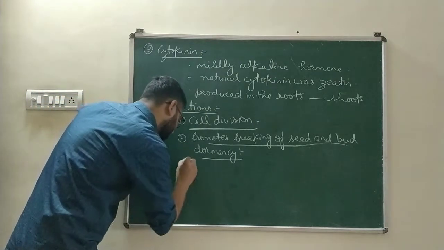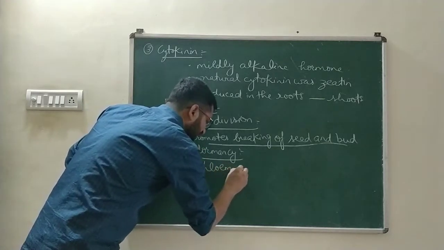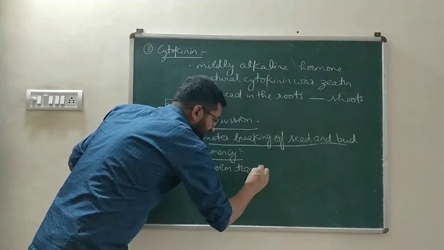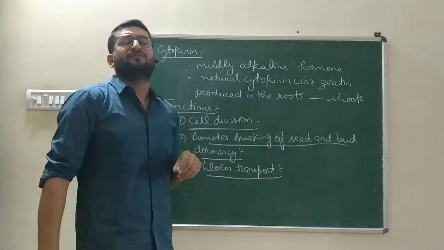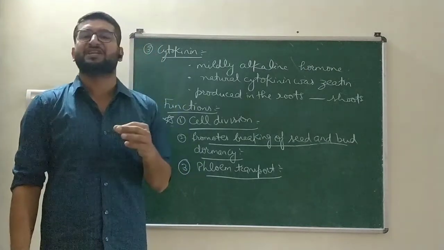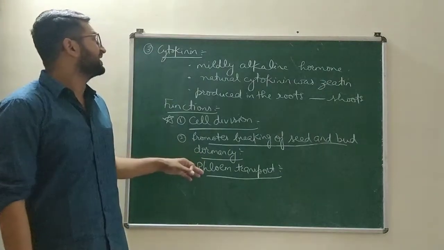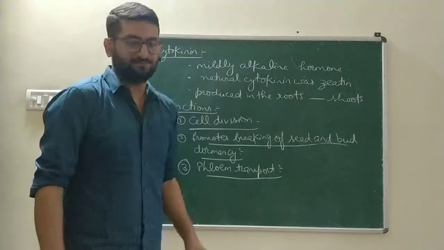Next, cytokinin helps in the phloem transport. And in our previous chapter we discussed what is the material transported by the phloem. Phloem helps in the transportation of food synthesized in leaves to each and every part. And in the phloem transport, cytokinin plays a very key role.